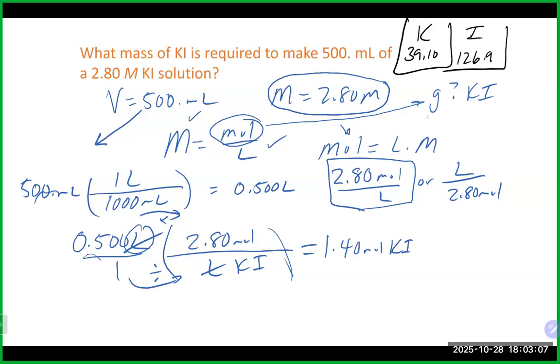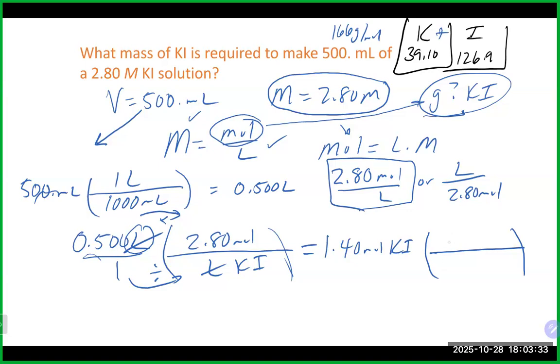Again, now that we have it in moles, we could use the molar mass from the periodic table to get us to grams. In this case, we're just going to add these guys together. So it looks like 39.10 plus 126.9, about 166 grams per mole. Using that as well as a conversion factor, opposites cancel.